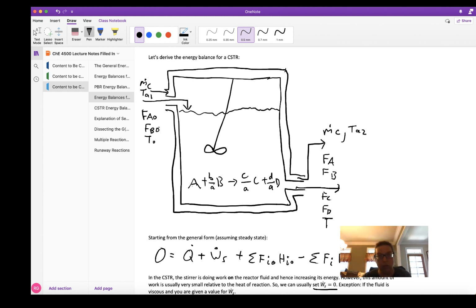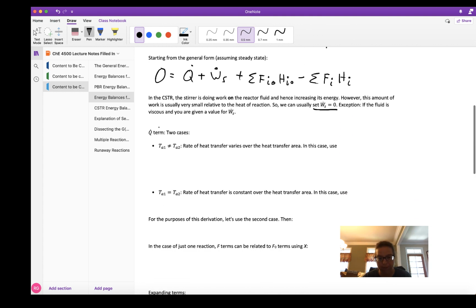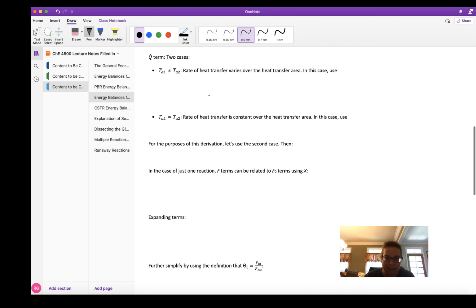So it exchanges enough heat with the reactor contents to change its temperature. In that case, we would write the heat transfer term using a log mean temperature difference. So that would look something like this.